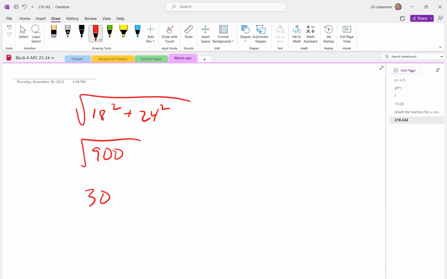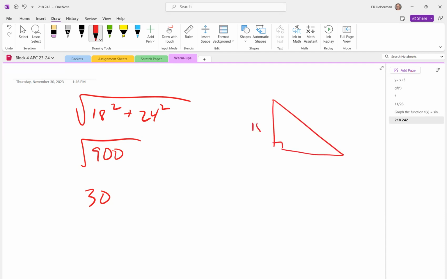Kieran. You can divide 18 and 24 by 6. Okay. And then you get 3, 4, and then you can multiply it by 6. So what concept are you talking about here? It's right triangles. Right triangles. Oh, so you recognize that this is a version of the Pythagorean theorem.